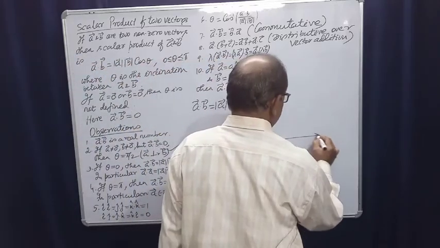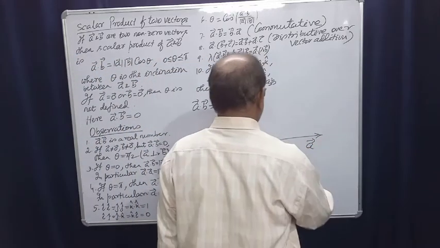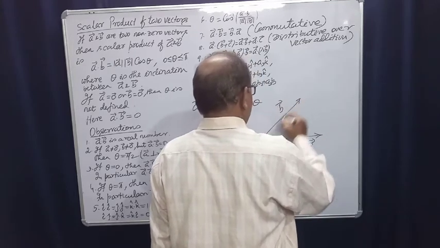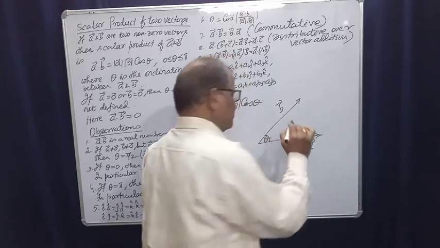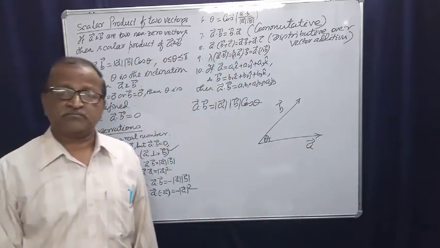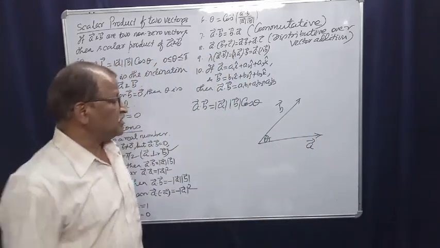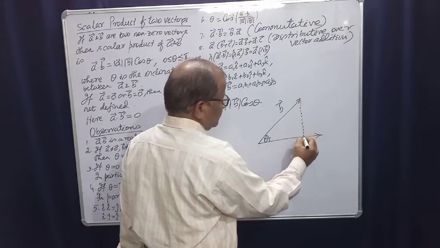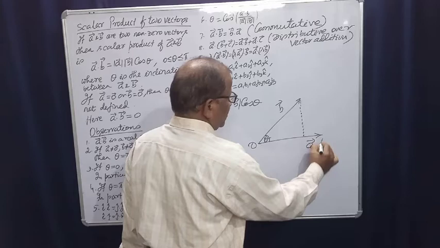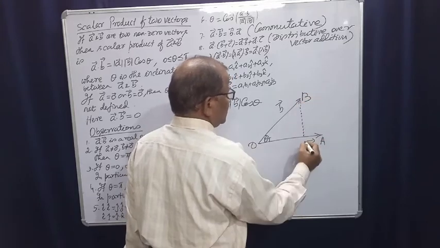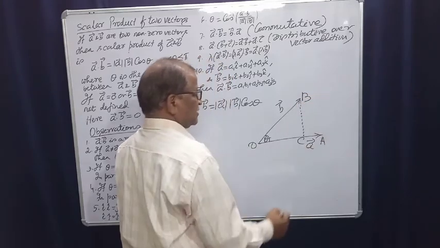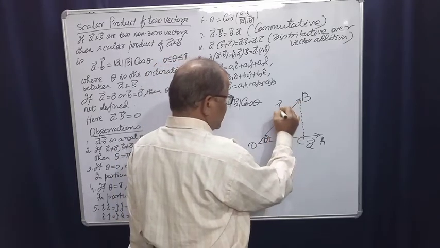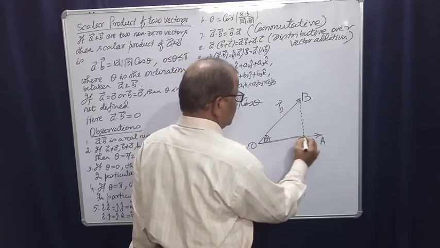Suppose this is A, this is a vector B, and the inclination between them be theta. Now let us drop a perpendicular from B on A, say C. Then magnitude of B cos theta will be OC.